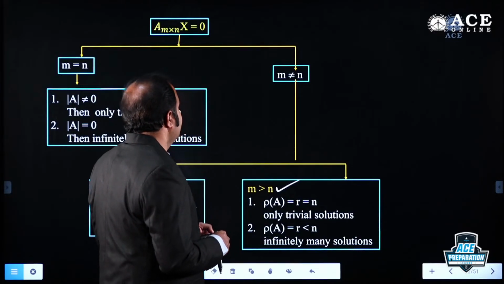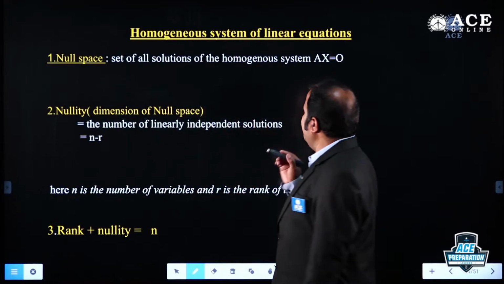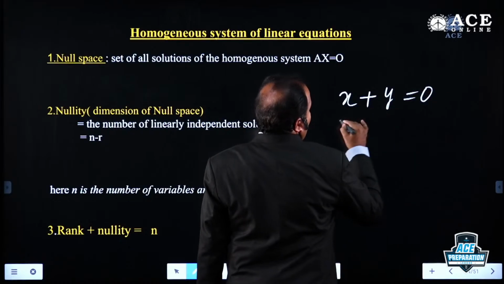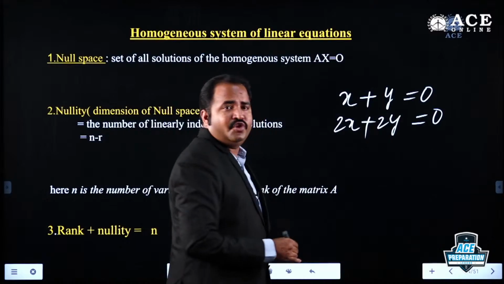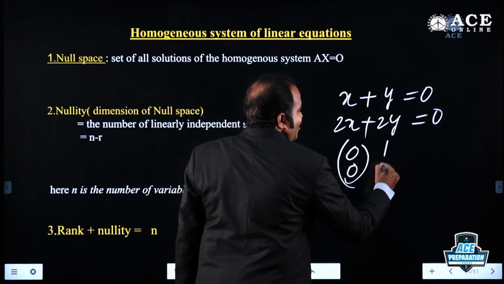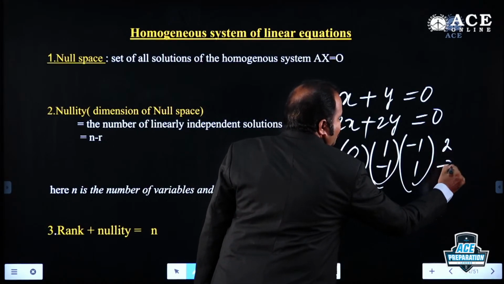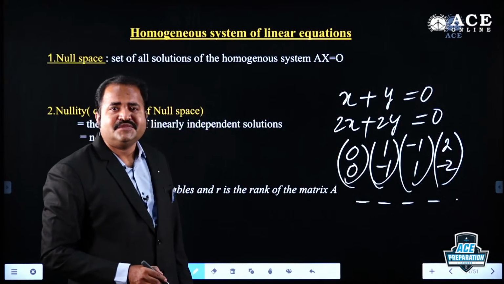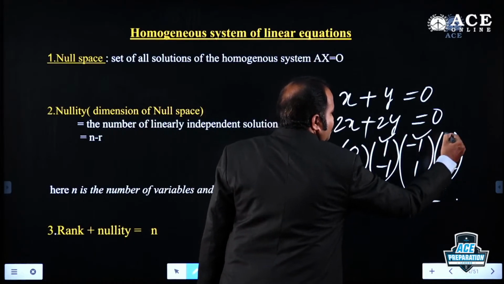The next one is the null space. What is the null space? For example, look at x plus y equal to 0 and 2x plus 2y equal to 0. For this system, we know that 0, 0 is a solution. 1, minus 1 is a solution. Minus 1, 1 is a solution. 2, minus 2 is a solution, etc. Infinitely many solutions we have. Observe these solutions: 1, minus 1; minus 1, 1; 2, minus 2.